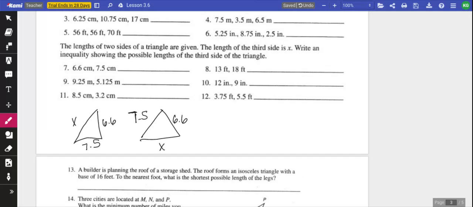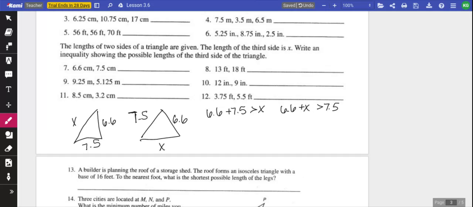So the first option, like I said, 6.6 plus 7.5 should be greater than x. And my other option is that 6.6 plus x must be greater than 7.5.